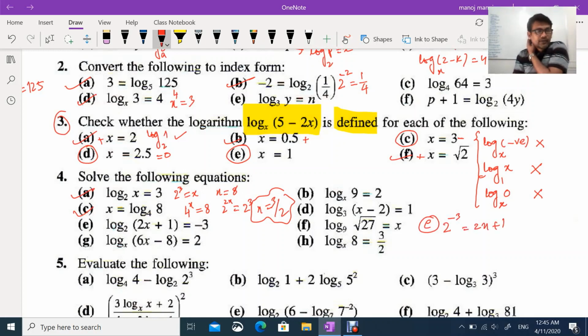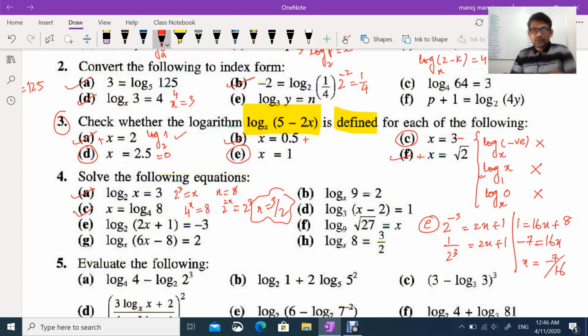Then we can simplify, 2 power minus 3 is 1 upon 2 power 3, which equals 2x plus 1. Multiply by 8, so 1 is equal to 16x plus 8, and 1 minus 8 is minus 7, so minus 7 is equal to 16x, and x is equal to minus 7 upon 16.